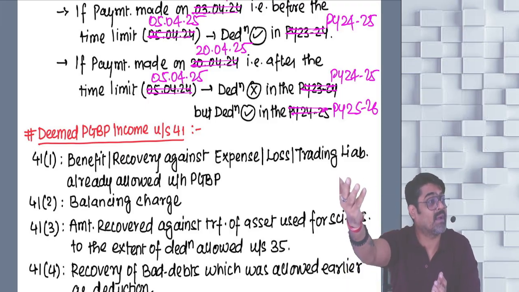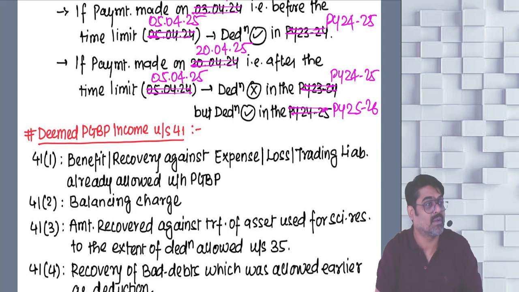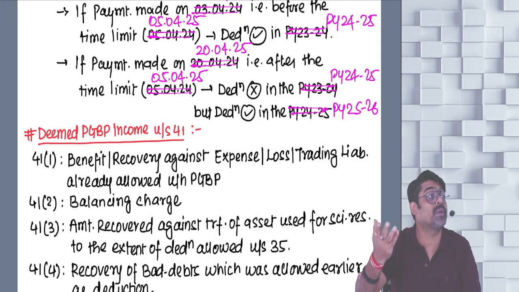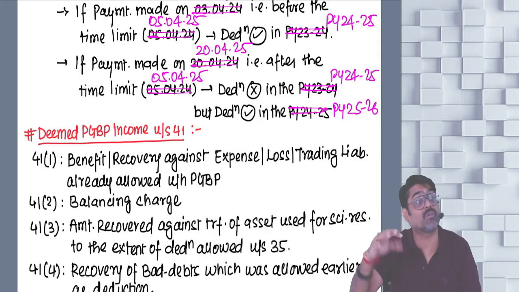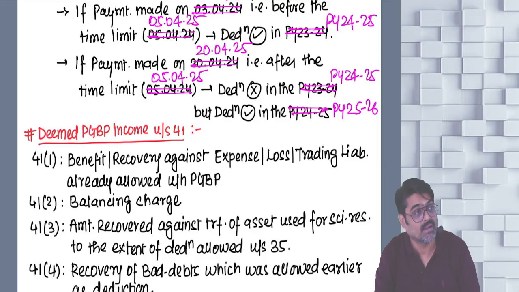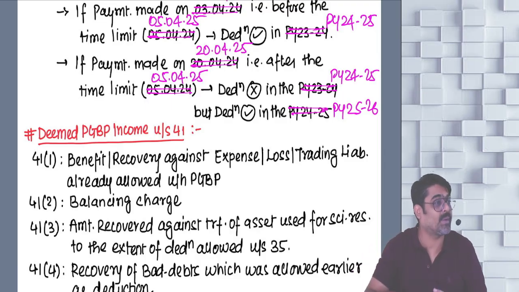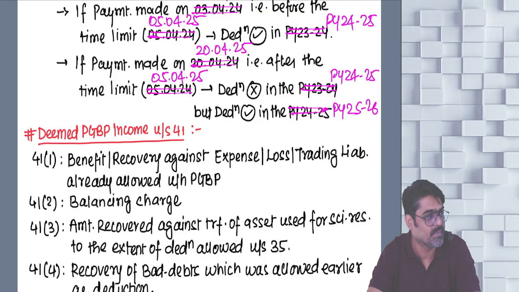From that 10 lakh, this 50,000 discount is there. So that 50,000 should not be allowed to me as a deduction. How much should have been allowed? 9 lakh 50, because actual payment was 9 lakh 50 only. But how much was actually allowed? 10 lakh. So to give a net effect of 9 lakh 50, what will I have to do? I will have to take this 50,000 as my deemed PGBP income.